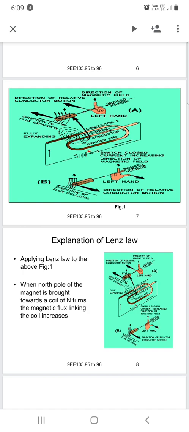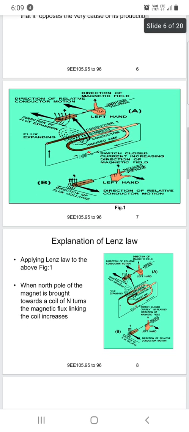The conductor is connected with the battery, so the circuit is closed. The switch is in series with the battery and the conductor. When the switch is closed, the current will flow through the conductor, and an EMF is produced in the conductor.